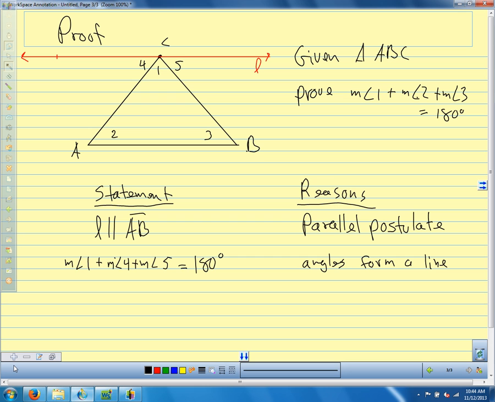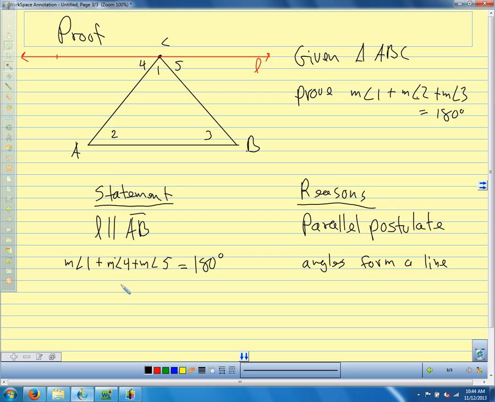All right. What kinds of angles? So this line L and this line segment AB are parallel. What kind of angles are angle 2 and 4? They're congruent, and what was their name? They're between the parallel lines, and they are on the opposite side of this side of the triangle. So alternate interior angles.